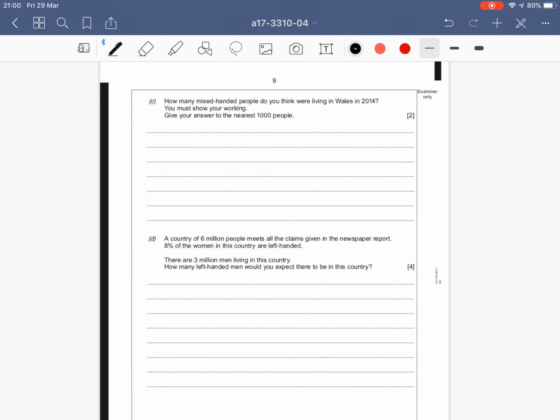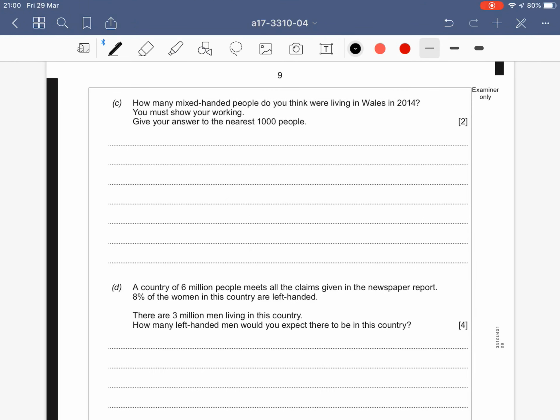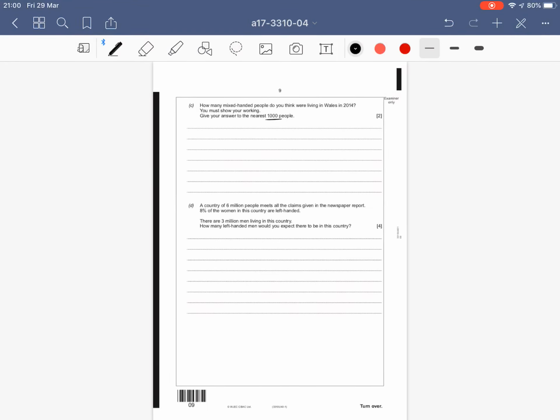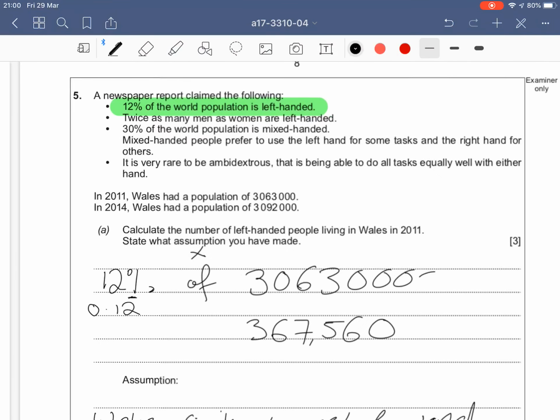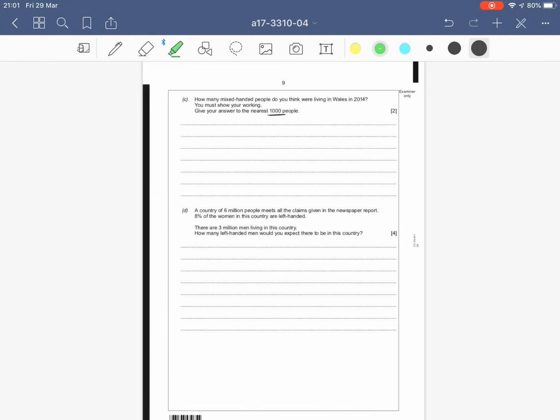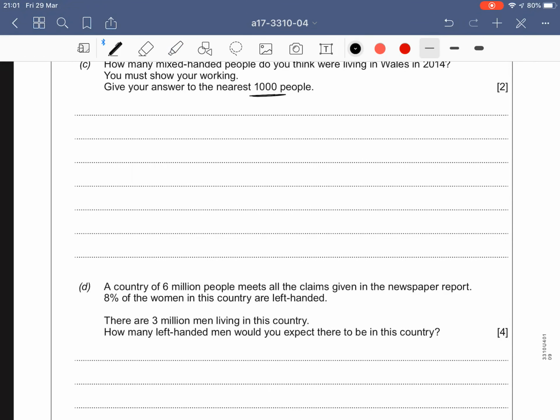Okay, next one. How many mixed-handed people do you think were living in Wales in 2014? You must show your workings, give your answer correct to the nearest 1,000. So this is the 2014 figure. We want mixed-handed. They've said that 30% of the world population is mixed-handed, so all we need is 30% of 3,092,000.